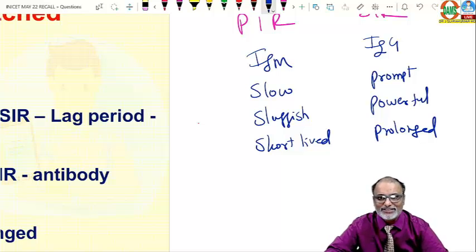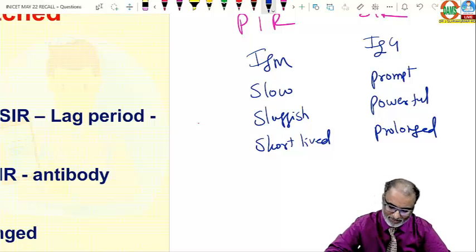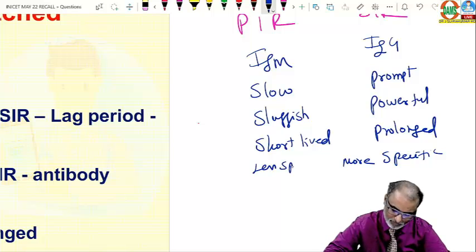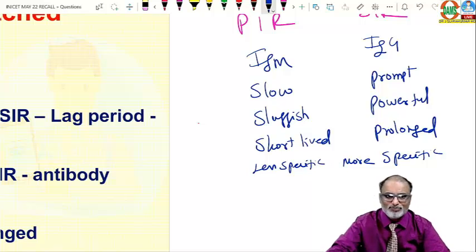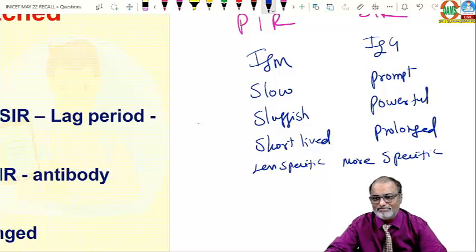Apart from this, secondary is very specific because of IgG. The binding capacity, affinity, is more in secondary IgG. So we call it affinity maturation.